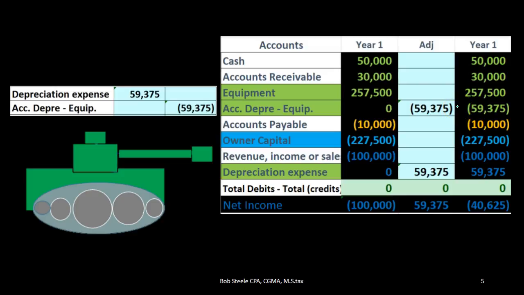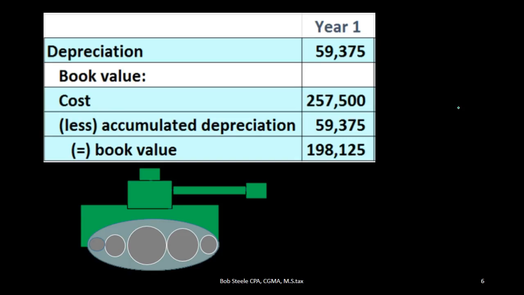We are able to tell our reader a couple different things through this depreciation method: the cost, the allocated cost over time, the decline in value according to the method used, and then of course the book value through the calculation of the $257,500 cost minus the accumulated depreciation of $59,375 in this case.